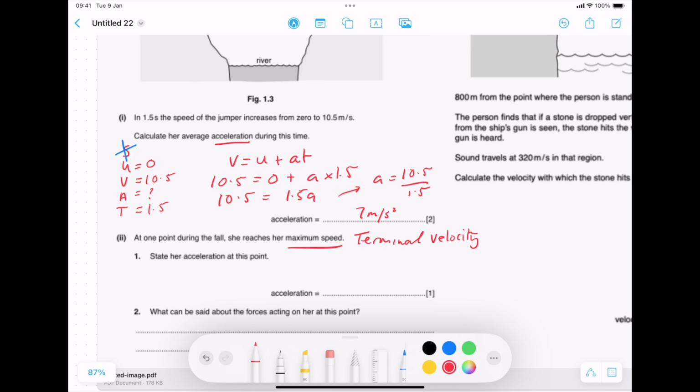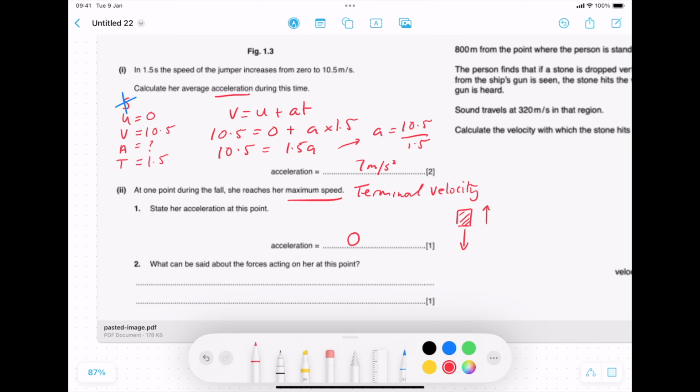At the terminal velocity, or the maximum speed, the downwards force of the object, in this case a person falling, is equal to the upwards force of air resistance. So the resultant force is going to be 0. Therefore, if there is no resultant force, the person is moving at constant speed and cannot be speeding up or slowing down. Thus, the acceleration must be 0.